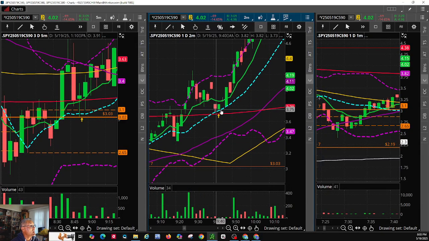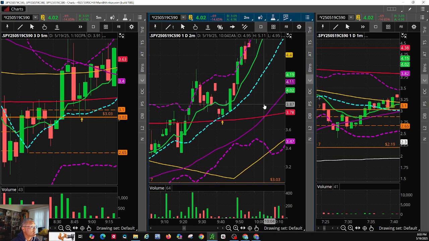And if you look at it, you have confirmation on 5 of the 6 charts that I watch. What I mean by that is if I enter at green and blue on 5 and 2, you're entering the trade at the green line or the blue dotted line on the 5 minute chart or the 2 minute chart.